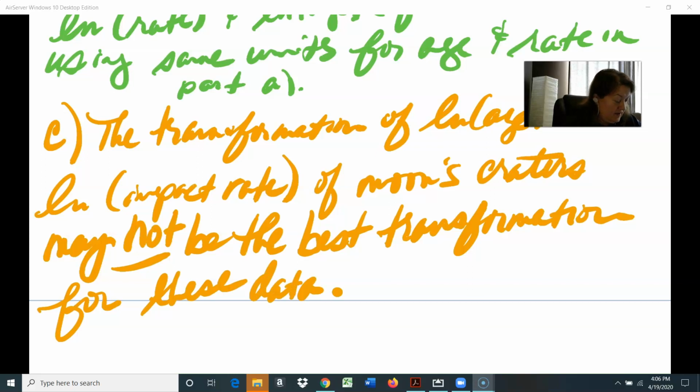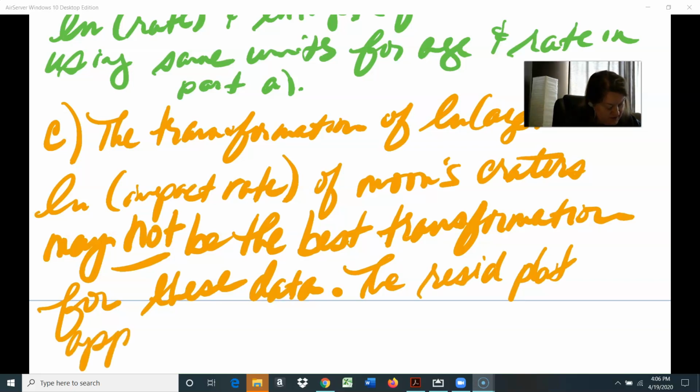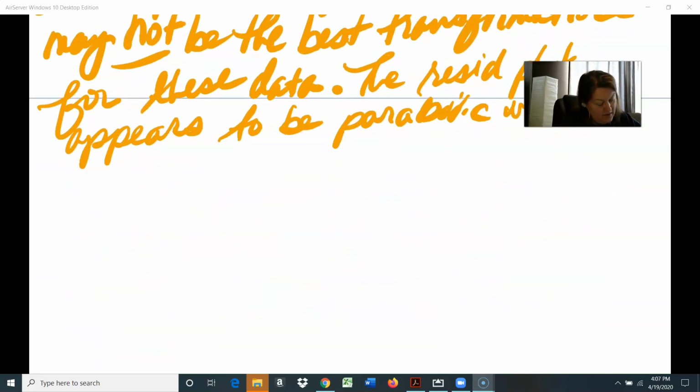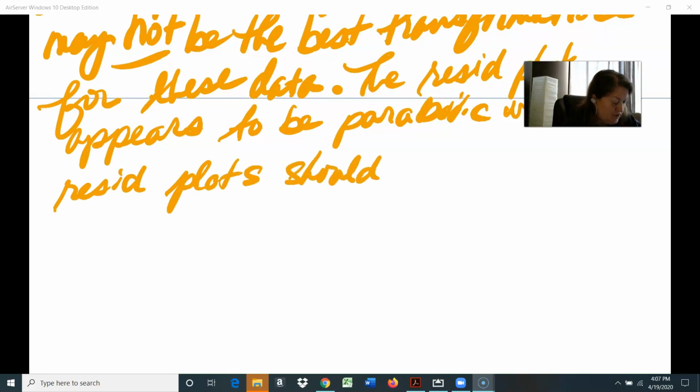Why? The residual plot appears to be parabolic, where resid plots should look random.